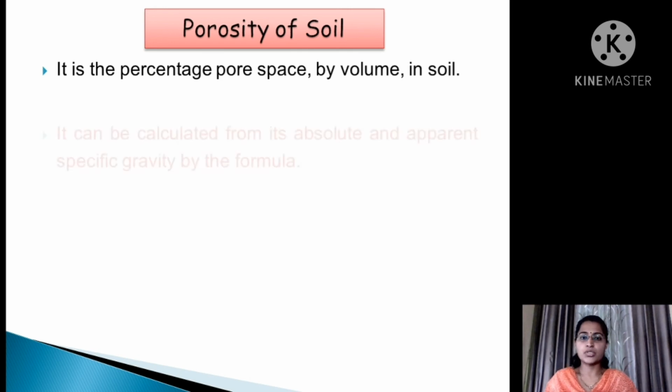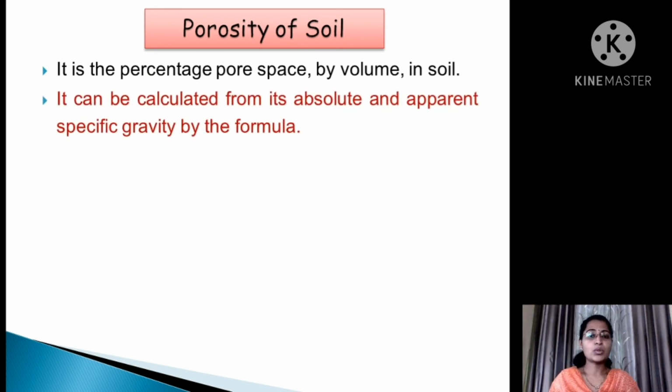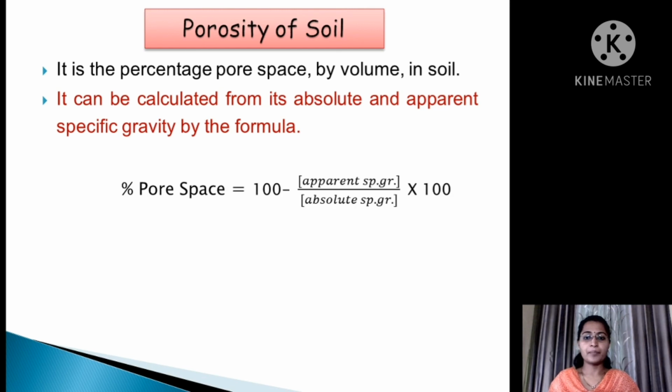It can be calculated from its absolute and apparent specific gravity by following the formula: percentage pore space is equal to 100 minus apparent specific gravity divided by absolute specific gravity, multiplied by 100. By using this formula, we find out the percent pore space, that is the porosity.